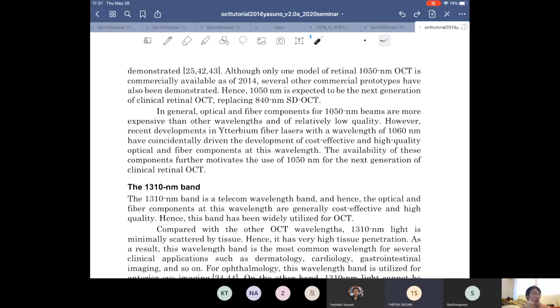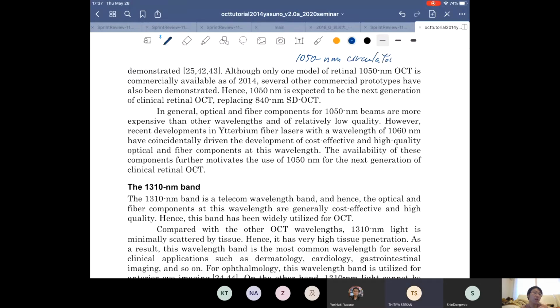At the same time, since that was not a big market, they didn't invest a lot in this. So the performance of these fiber components was not good. That was a limitation of 1050. Maybe some of you remember that when we were talking about the interferometer, I was talking about a 1050 nanometer circulator.